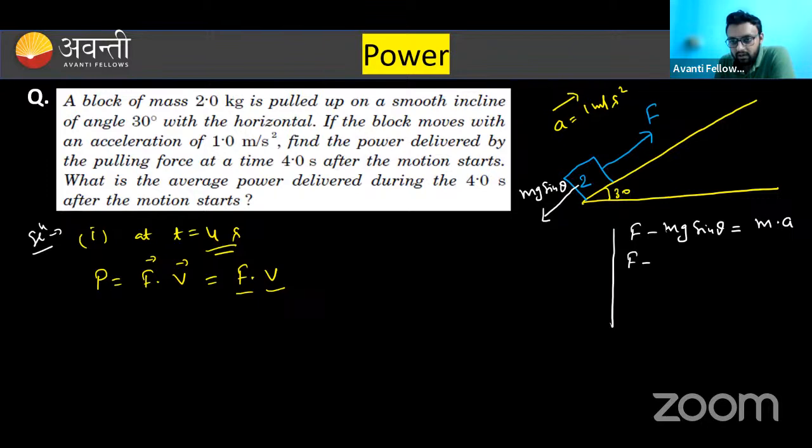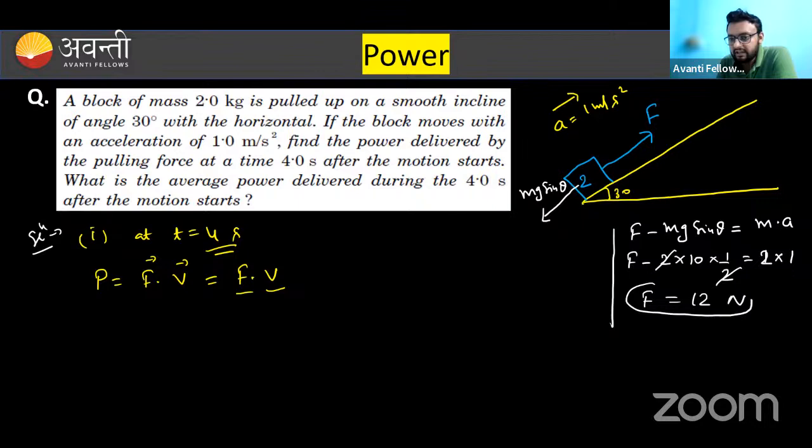F minus mass is 2, g is 10, and sin 30 is 1 by 2, equals mass, 2 kg, and acceleration is 1 meter per second square. This 2 got cancelled and we got F is equals to 10 plus 2, 12 Newton.